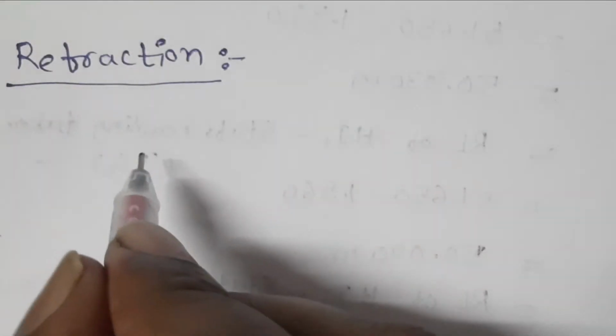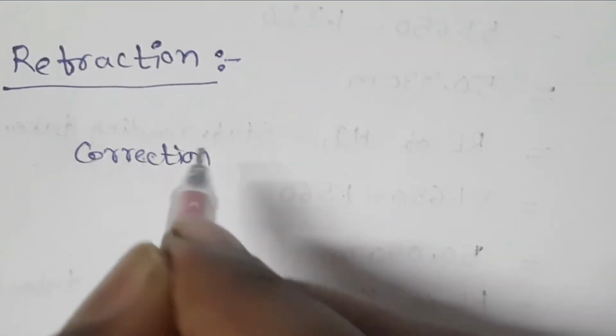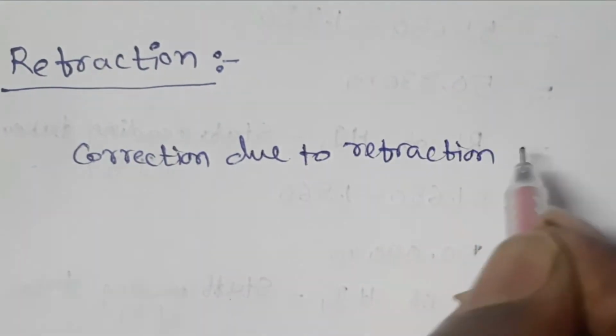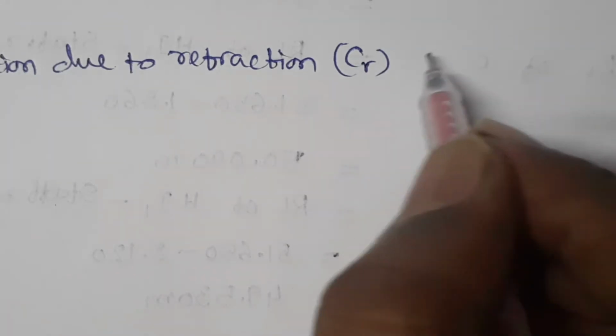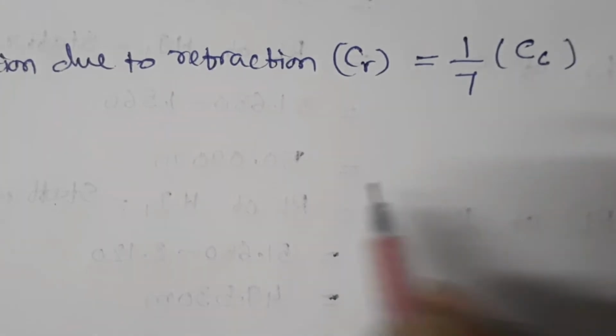Refraction effect occurs when the light rays pass through the different densities of air layers and then refract. Because of this reason, all the sighted points will appear higher than the true positions. Correction due to refraction, CR, is taken as 1/7 of correction due to curvature.